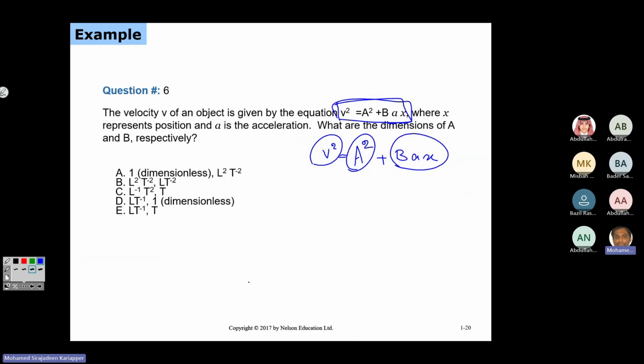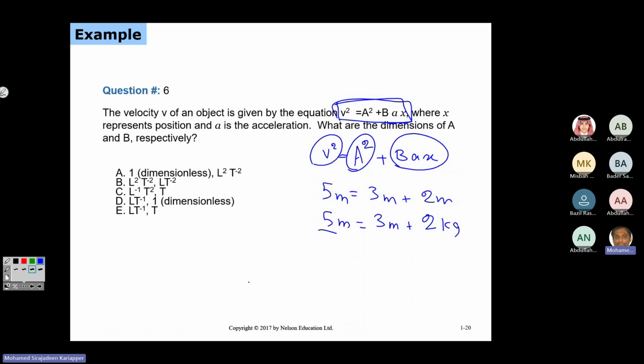So let me do something different. Say 5 meters equal to 3 meters plus 2 meters. I mean, it is correct, right? But if I say 5 meters is equal to 3 meters plus 2 kilograms, numerically it is correct. 5 is equal to 3 plus 2. But dimensionally it is not.